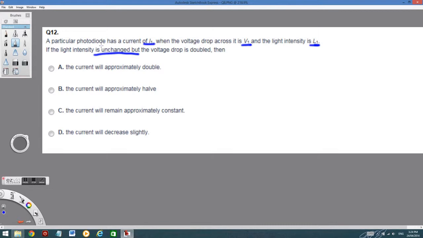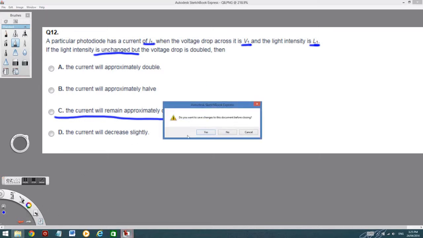The current in a photodiode is only related to the light intensity. Say if the light intensity is unchanged, no matter what else happens, the current will be unchanged. The current remains constant. So the answer is C. That's the unique property of the photodiode.